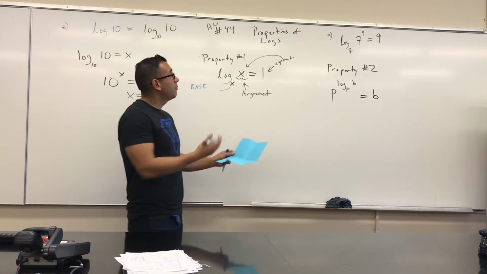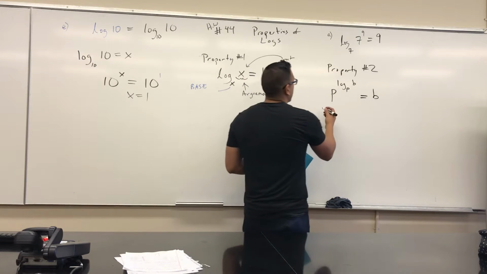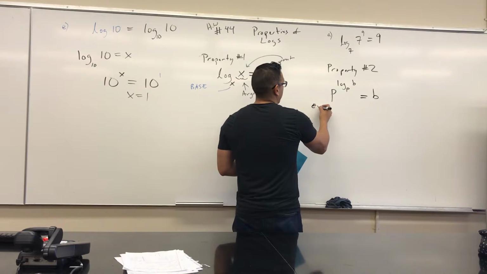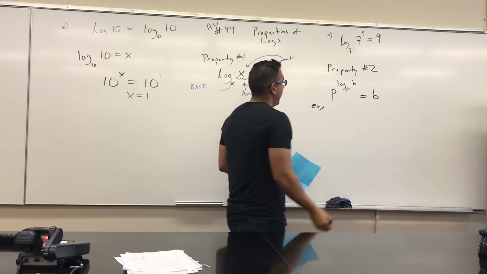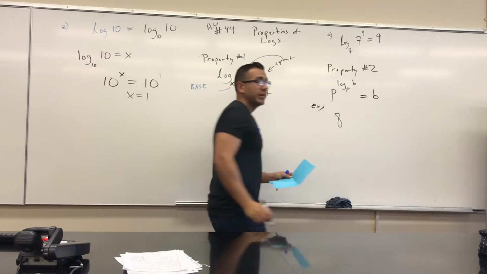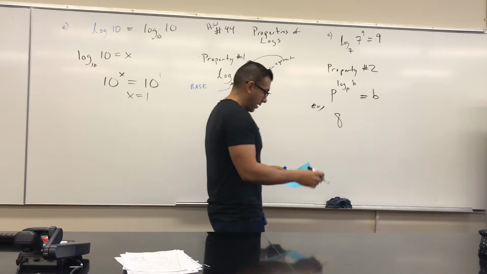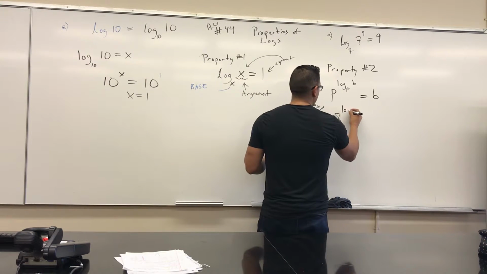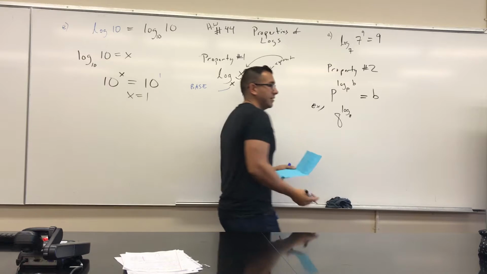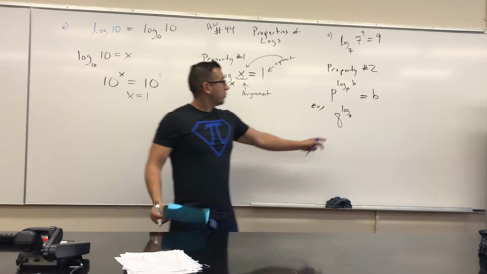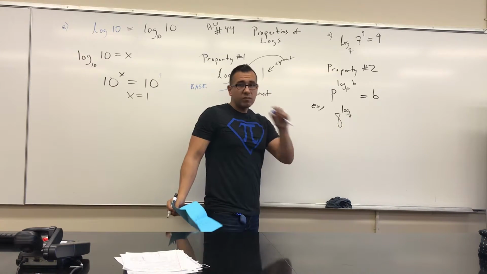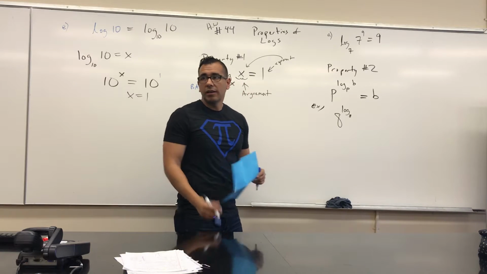Let's see an example of this property. Let's go with 8 as our base, so make sure you write that as your base. And then let's go with log base 8. Make sure you write the base small so you don't get confused in your notes.